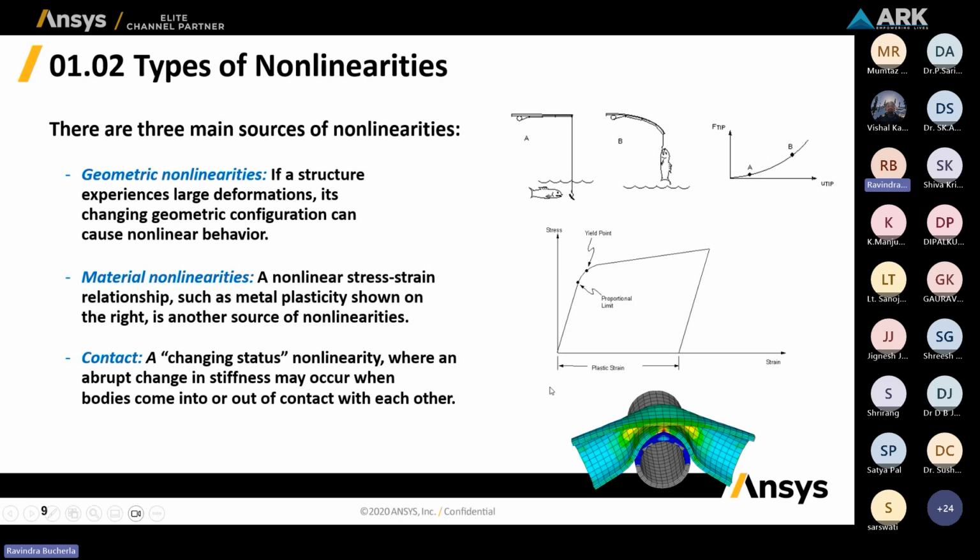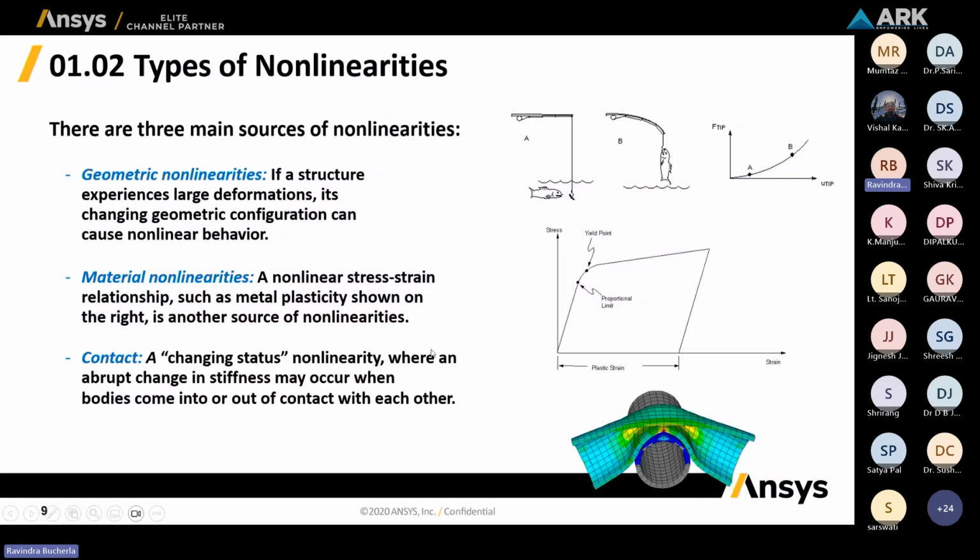And similarly, if the contact is changing, like if you are using any contact where, for example, frictionless, frictional, or no separation, the contact between two bodies will change and it will generate some frictional force or normal force. So generally, the stiffness of both bodies will also change with respect to the contact.